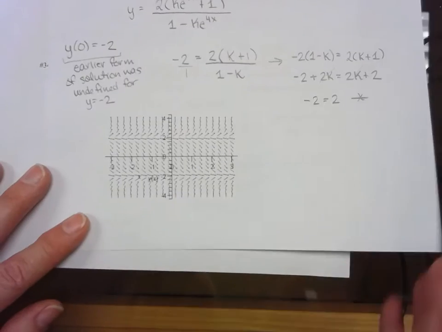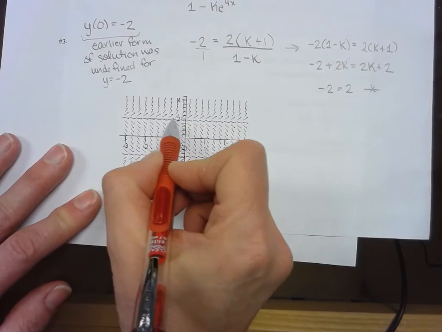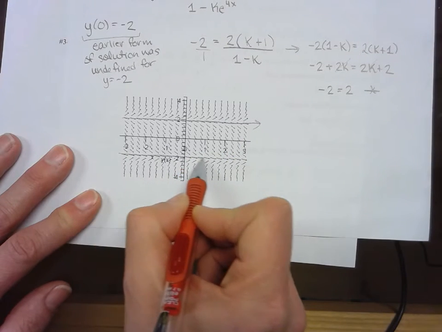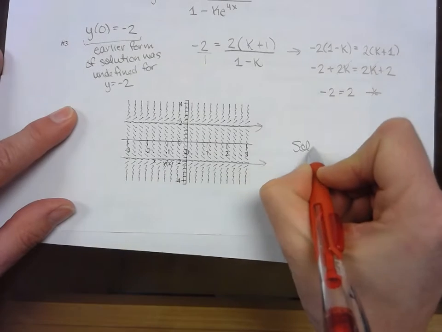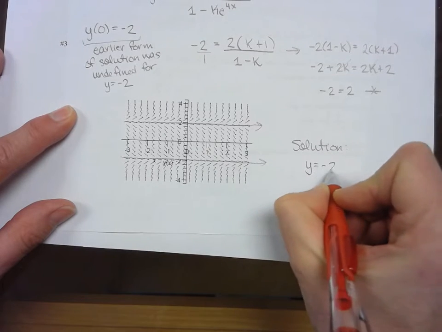And when we look at the direction field, you see there's this equilibrium solution right here and right here. So if y is equal to -2 for any x value, it's just y equals -2 for all x values. So the solution for this one is y equals -2.